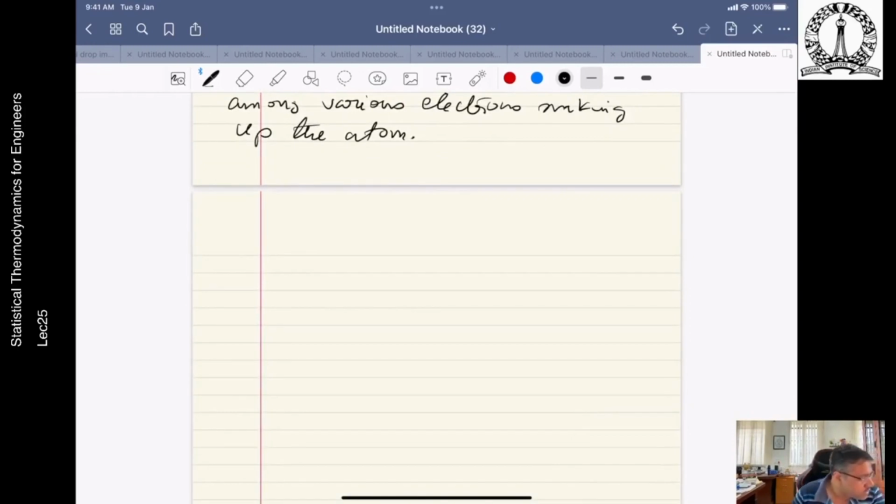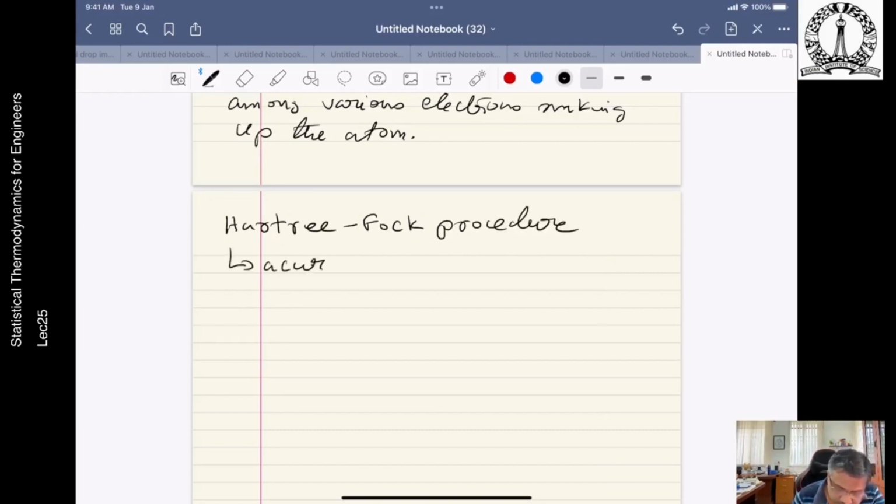It is not always easy to find solutions to this. So there is a process called the Hartree-Fock procedure. What does this procedure actually do? We use the Hartree-Fock procedure to find accurate solutions for many-electron atoms.